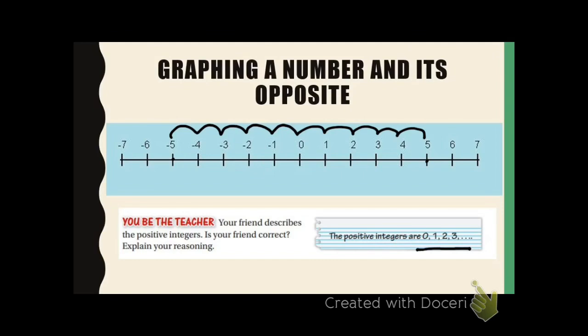And did you know why they're not correct? What number did they include? They included a 0. 0 is neither positive nor negative. So that could not be a list of the positive integers. Positive integers start with 1. Just a simple little thing that you need to remember.